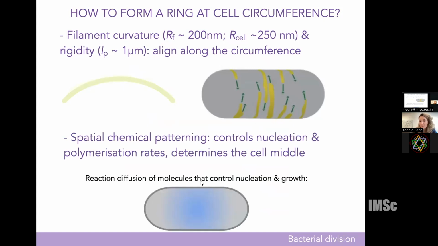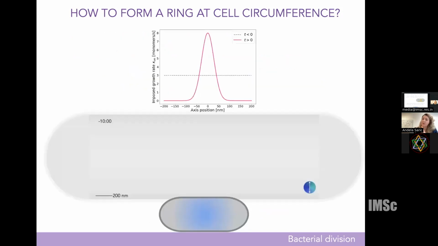Then you need to somehow be able to form a ring in the middle of the cell. We know that in the cell there is a reaction diffusion going on underneath that prevents filaments from nucleating and growing at the cell poles, but effectively renders the nucleation and growth faster in the middle. These are the two ingredients we add: the curvature of the filament, and the fact that the nucleation rate and the growth rate are faster in the middle.